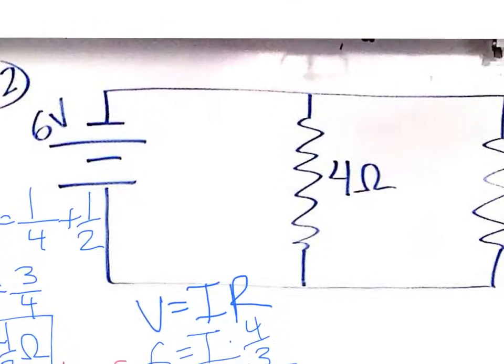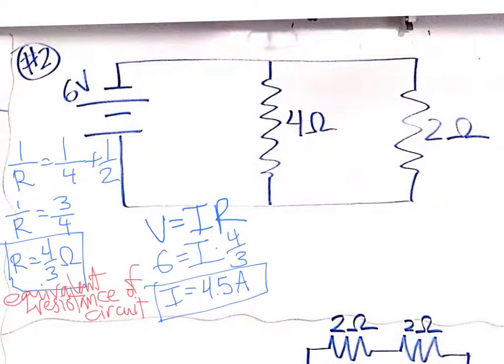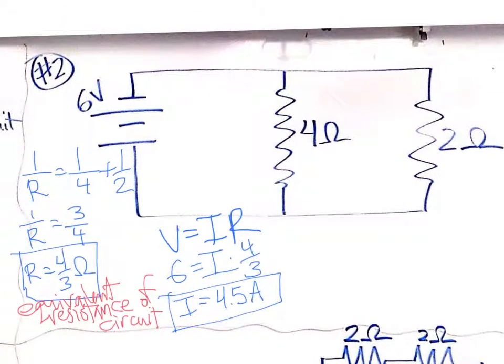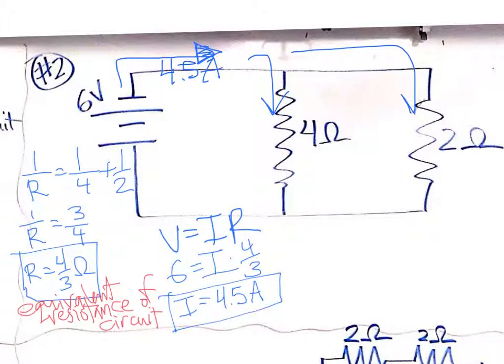What this means is the current is going to be going like this. So that is 4.5 amps. Okay, the current's going to split. Some of it's going to go through here, and the other is going to go through here. And so you may ask, well, how much?